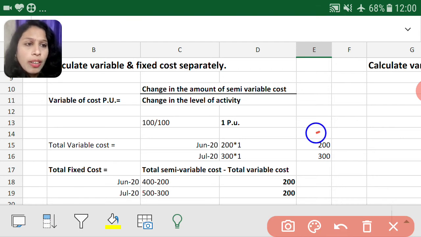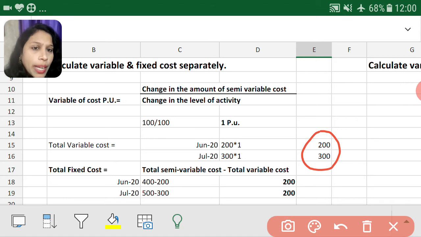So the answer is 200, our variable cost for June 2020, and the variable cost for July 2020 is rupees 300. So we have the values of variable cost: for the month of June 200, for the month of July 300. Then total fixed cost.